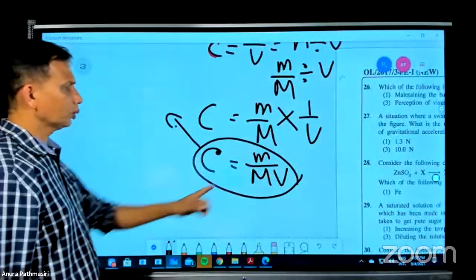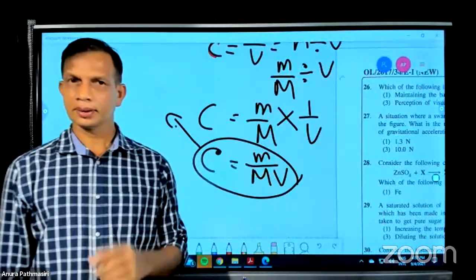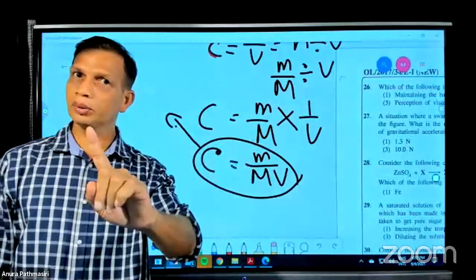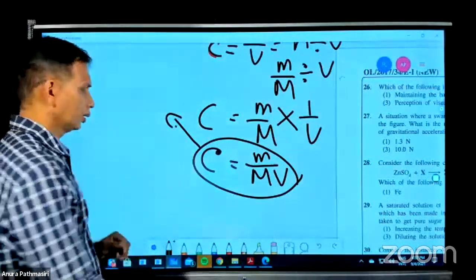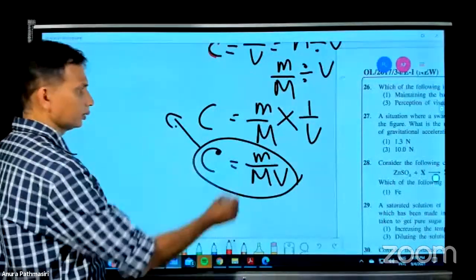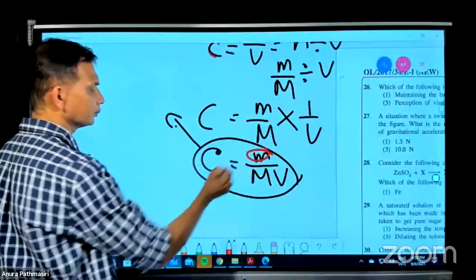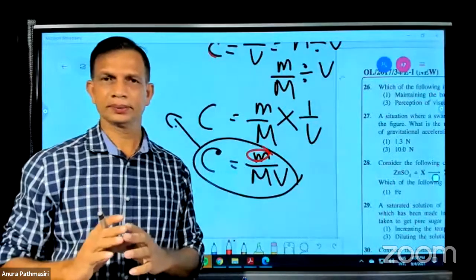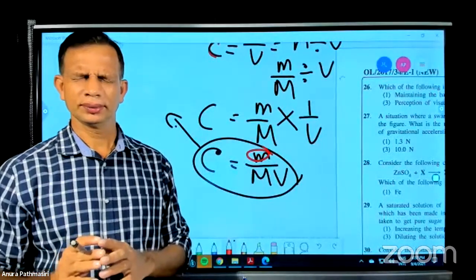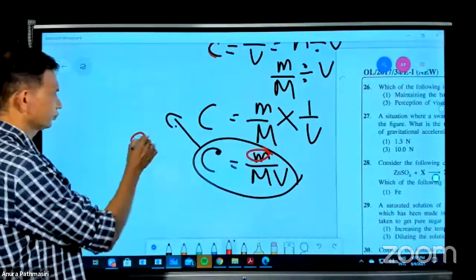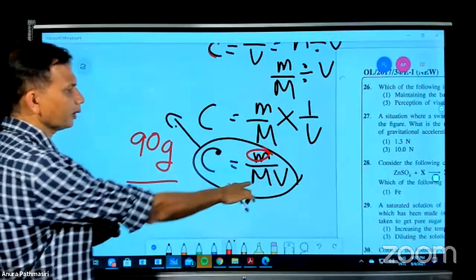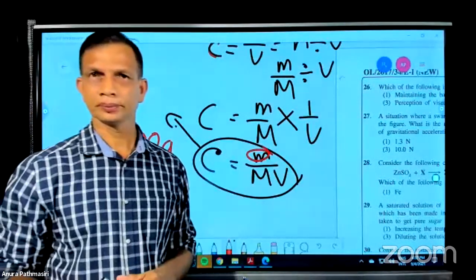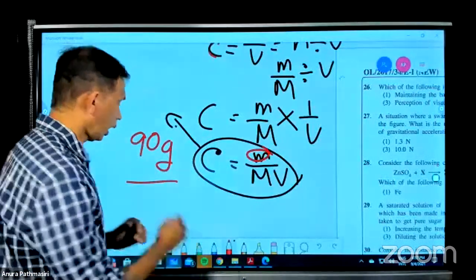Now, don't we know the given mass? 90 gram in 1 cubic decimeter. What is the mass given? 90 gram. What is the molar mass of glucose? 180.